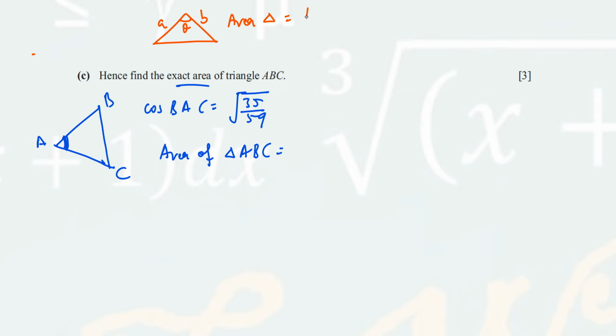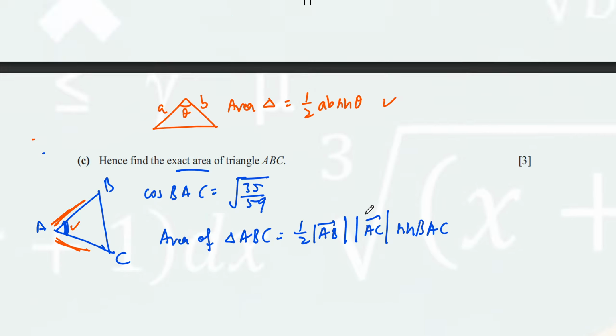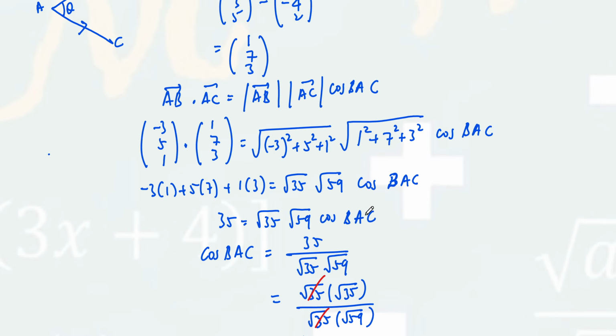Area of the triangle is half AB sine theta. Which means I have found the cos of this angle in the previous calculation. As long as I know these two sides and the angle, I can use the formula. The sides here mean the magnitudes. So half magnitude AB, magnitude AC, sine BAC.